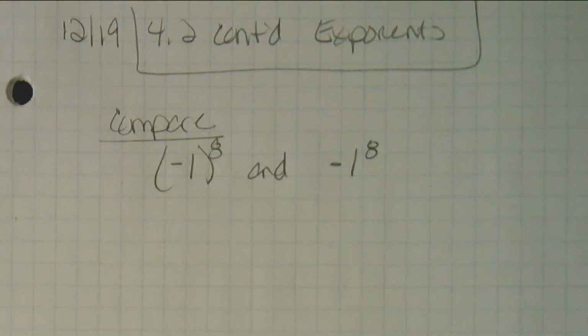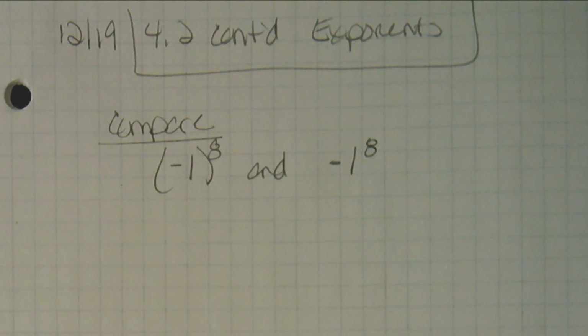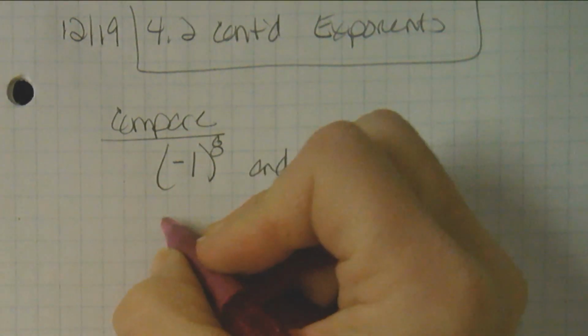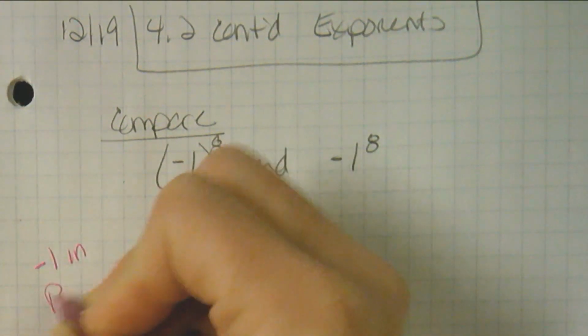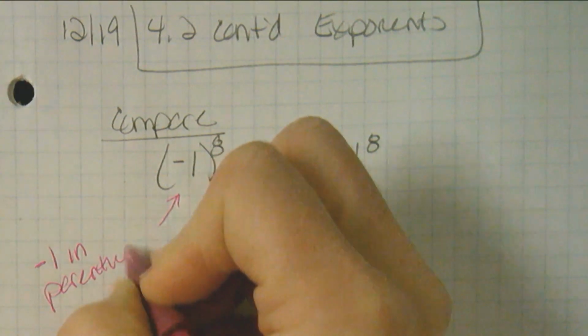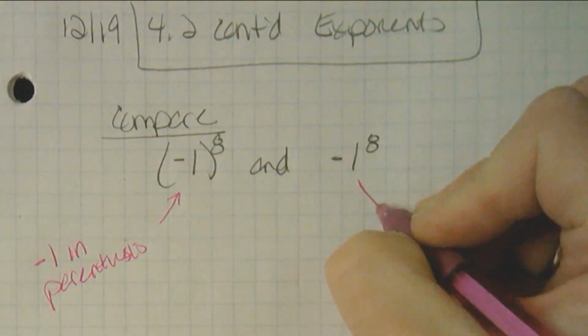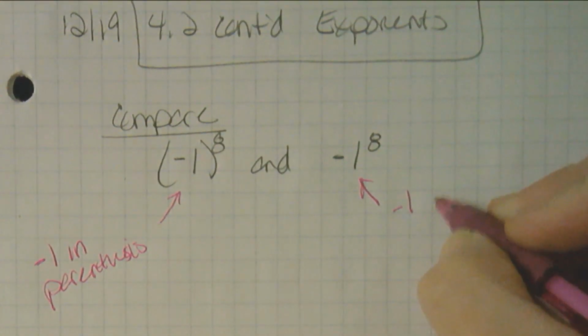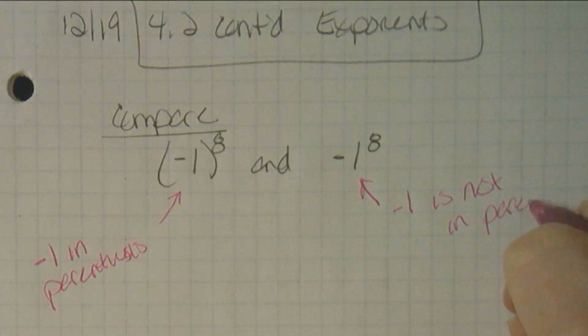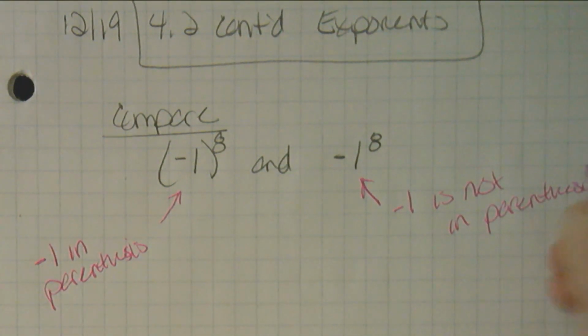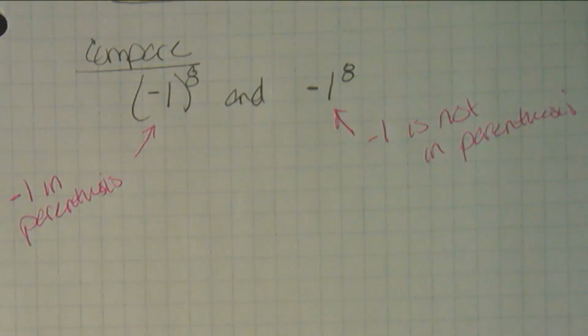Mia? And one isn't, right? All right. So here we have the negative 1 in parentheses. Here the negative 1 is not in parentheses. That's pretty easy observational skills. I hope you guys all had.